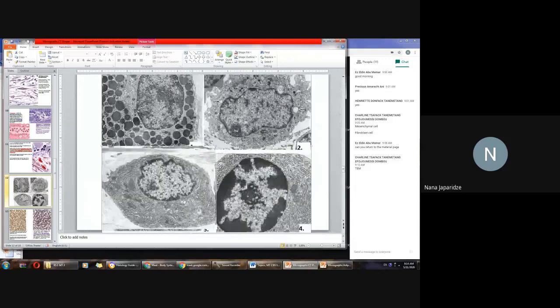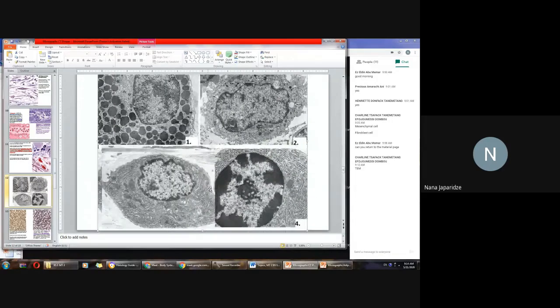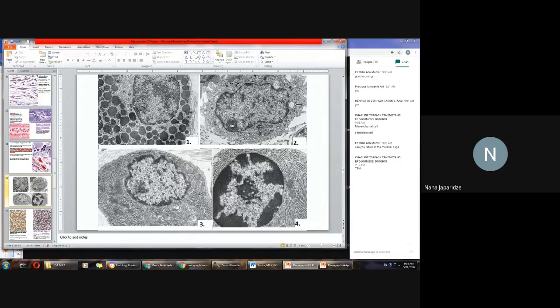what I have here. So cells, in the case of plasma cells, the nucleus of plasma cells contains very well-developed heterochromatin and euchromatin. Yes, and they are arranged in clock face style or wheel-like manner.